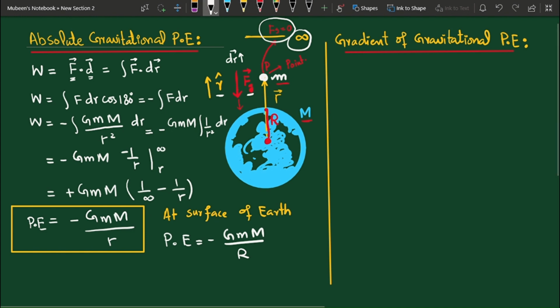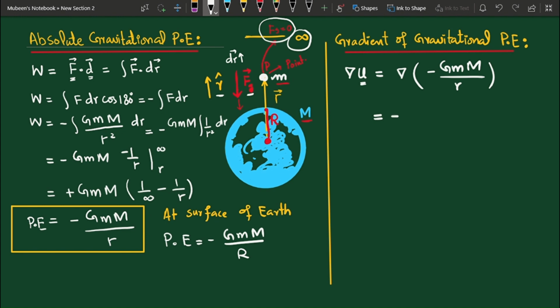If we take the gradient of this potential energy, minus capital G small m capital M will be out of this del operator, and we will be left with the del operator of just 1 by R. And we know that the gradient of 1 by R is equal to minus R unit vector divided by R square.